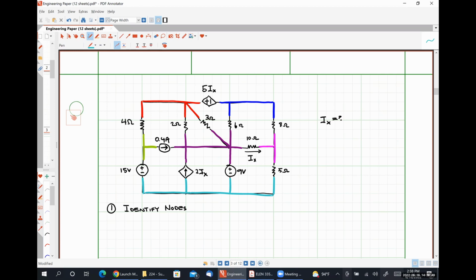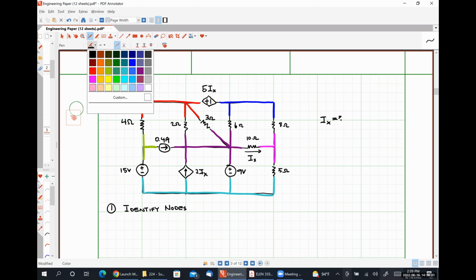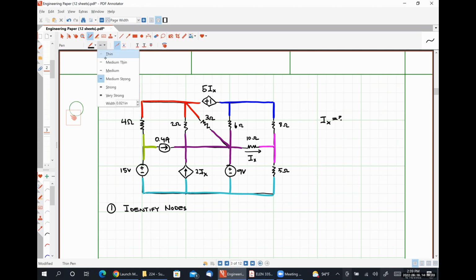So I want you guys to help steer this analysis. We've identified our nodes. I would like for one of you to just tell me a color that our reference node is going to be.